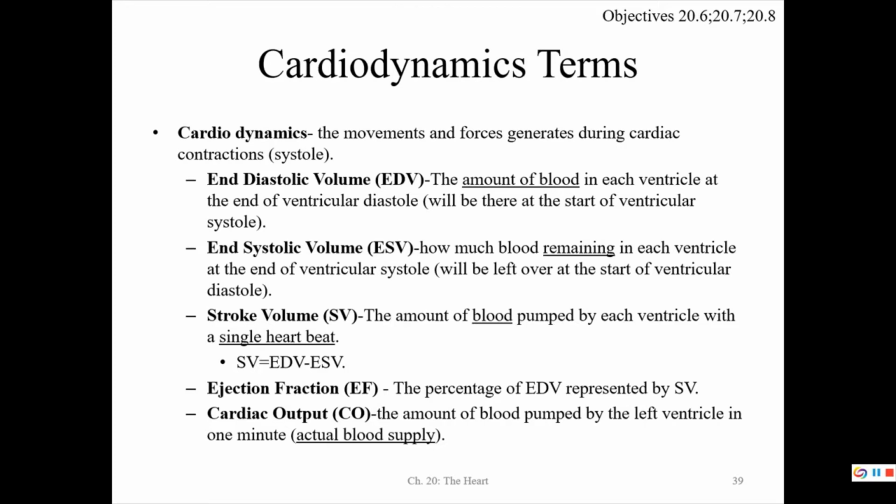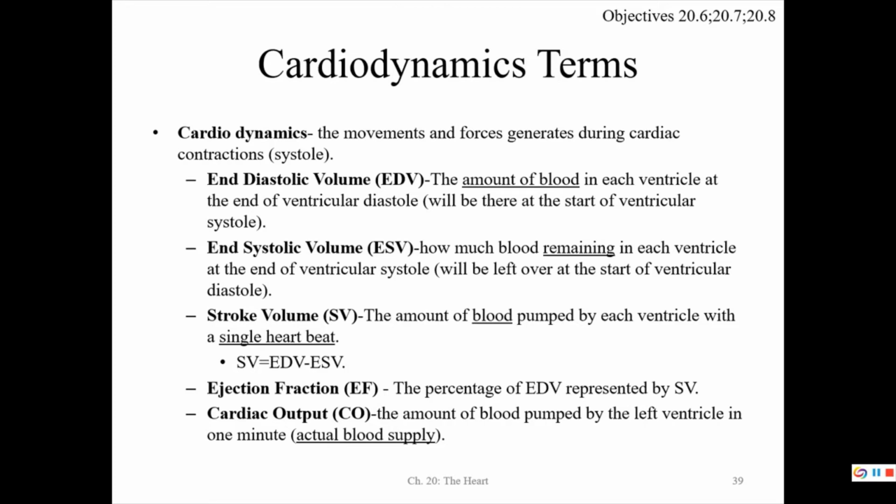Now, cardiac output is how much is supplied by a left ventricle in a minute. How much blood am I getting to the body each minute? Now, this value is changing. Now, when we are very interested in patients' cardiac outputs, it is a very important thing to know.